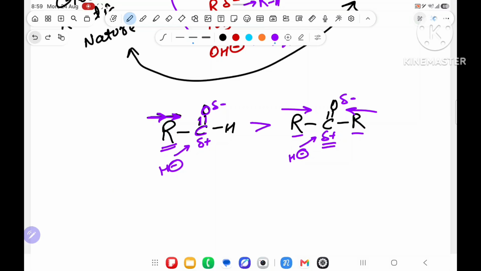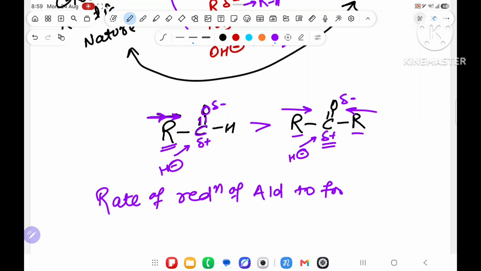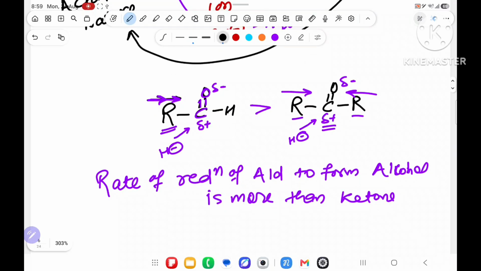It means the rate of reduction of aldehyde to form alcohol is more than that of ketone. The first reason is less steric hindrance.